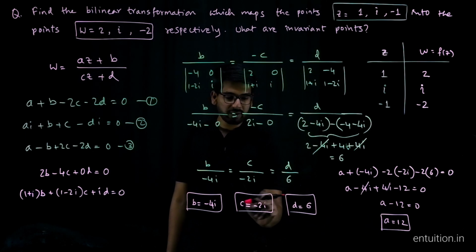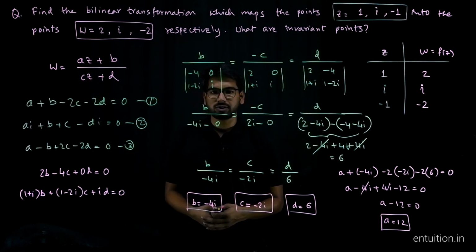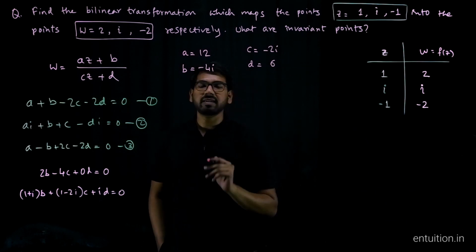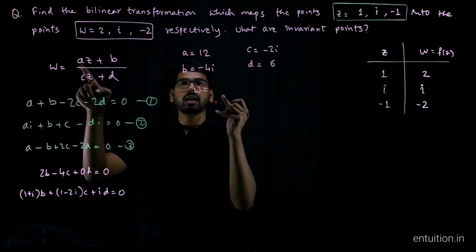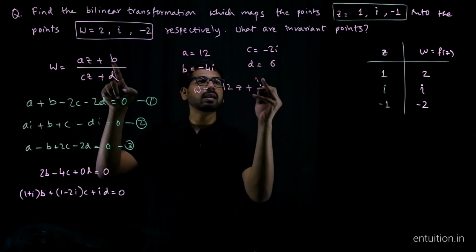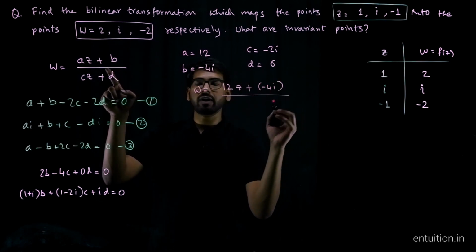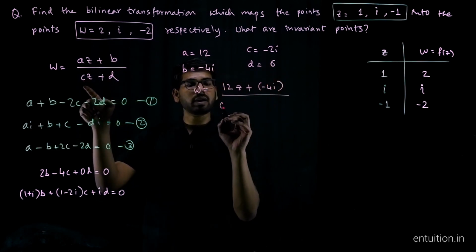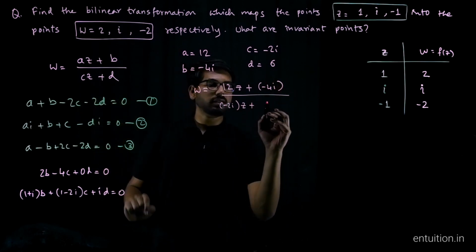Let us substitute this back A, B, C, D in W, and find the complex function. Okay, so the A, B, C, D values are here. Let us substitute them here. W is equal to A is 12 times Z plus B is minus 4I divided by C is minus 2I times Z plus D is 6.